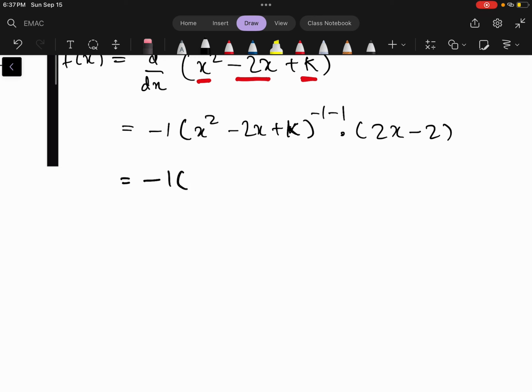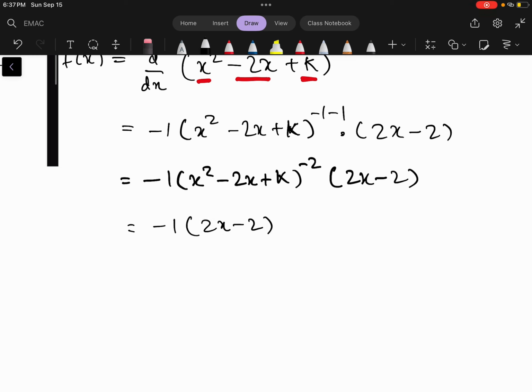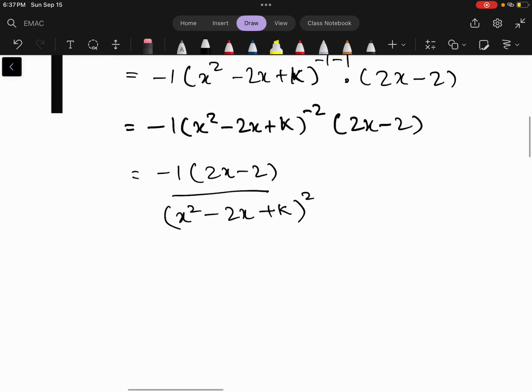So that's minus 1 times x squared minus 2x plus k raised to the negative second power, times 2x minus 2. Rewriting, that's minus 1 times 2x minus 2 over x squared minus 2x plus k, whole squared. And that is f prime of x.